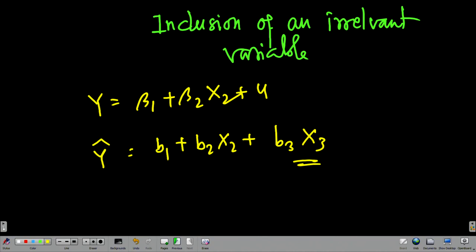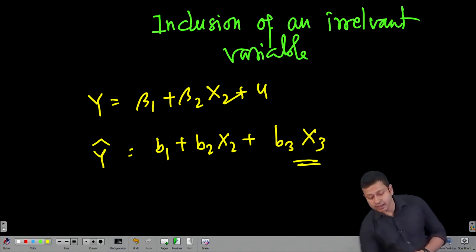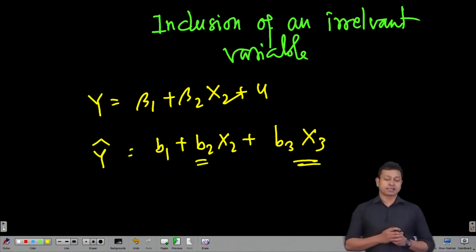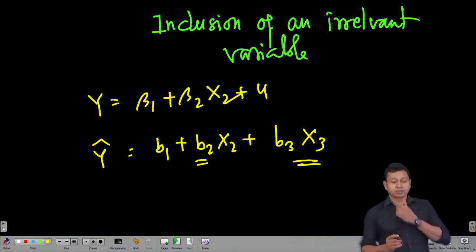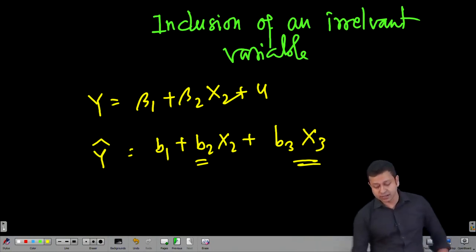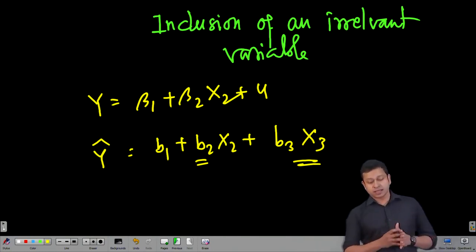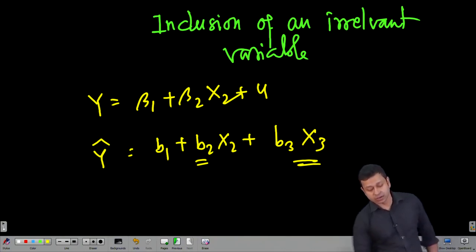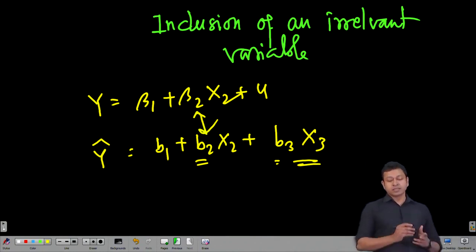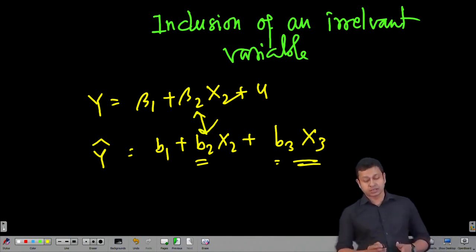Now, in this case what will happen? It is not going to create any bias in the B2 term. So, B2 is not going to be biased, because if we take an expectation and prove it, the presence of this variable is not going to create any bias. So, B2 is going to be a true estimation for beta 2.